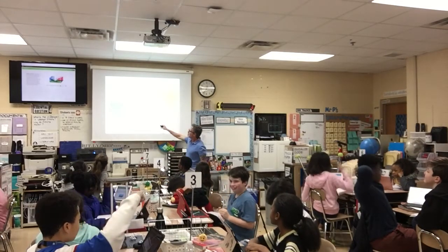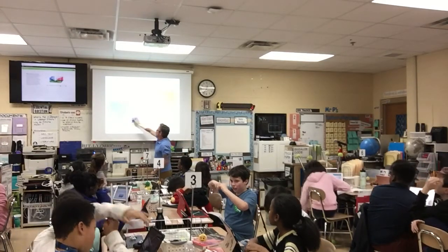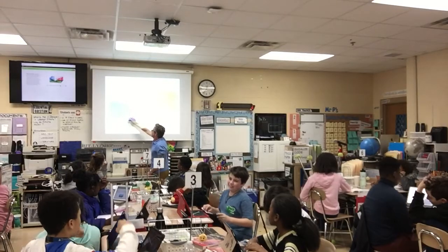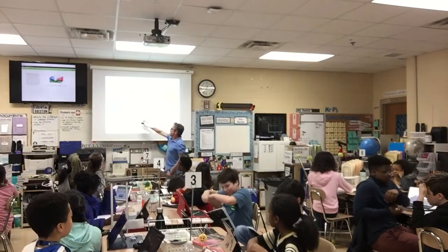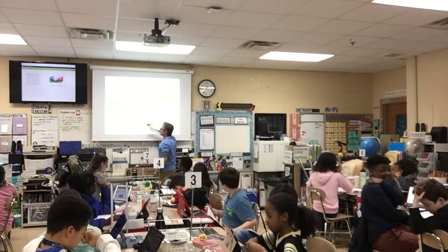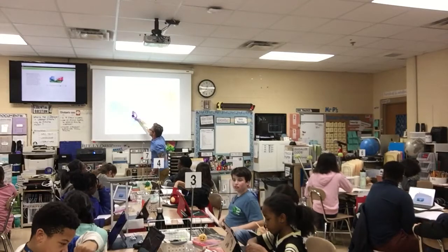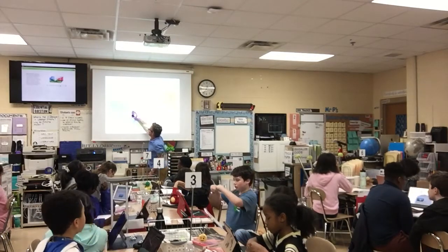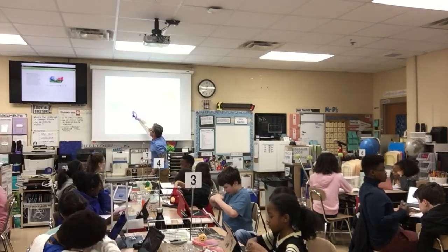That's not right. On the other one, it's supposed to have the arrow go like that, because this is literally pushing. So this shouldn't be here. This should be missing. It should be just that. So I've got to fix my slide. That doesn't need to be there.